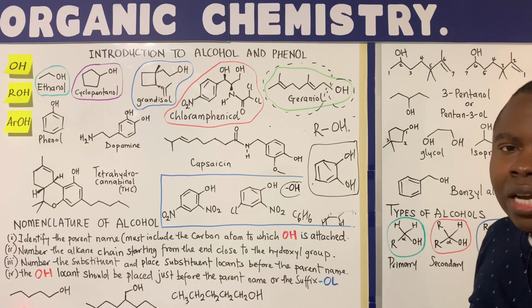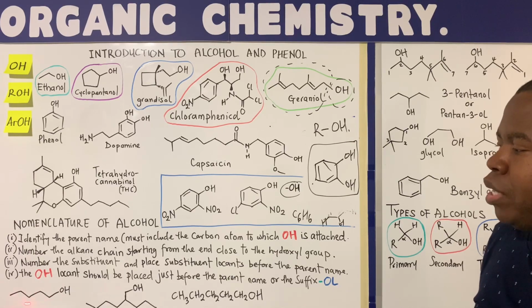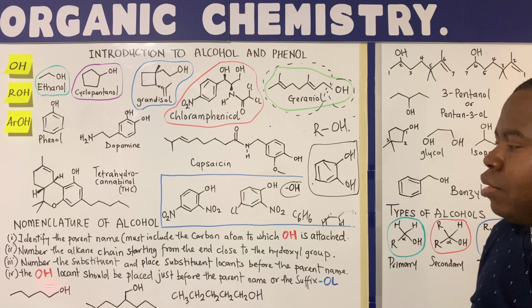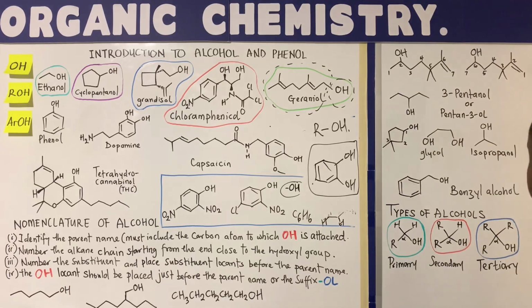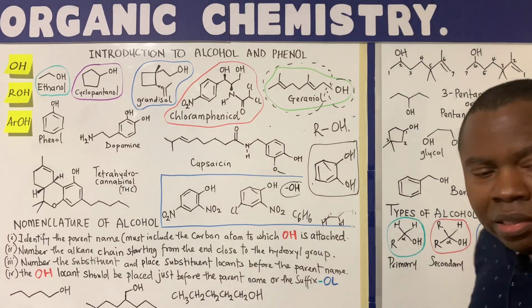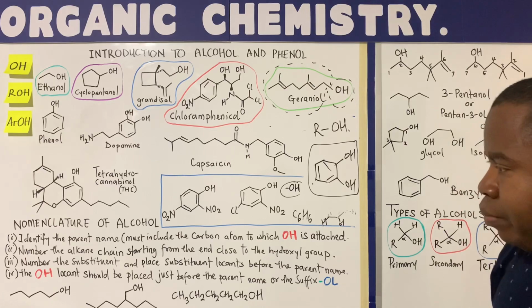That is 5 carbon atoms. There is no other way to count the carbon atoms in this molecule. You can see that we already included the OH group in our counting because it's just a straight chain compound. So this compound is simply pentanol.